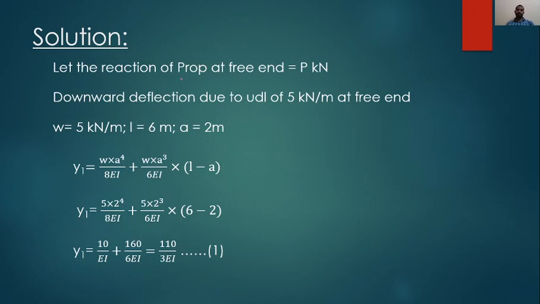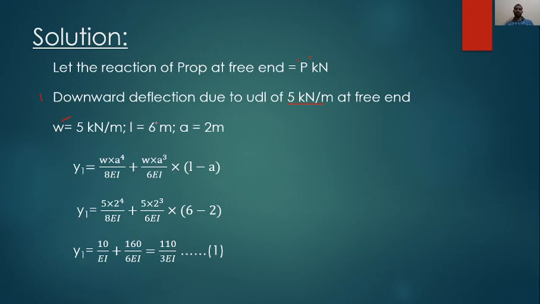Let us again take the reaction at the prop as some P kilonewton. First step is always to calculate the downward deflection at the free end due to the load, that is the UDL of 5 kN per meter, small w is 5 kN per meter.